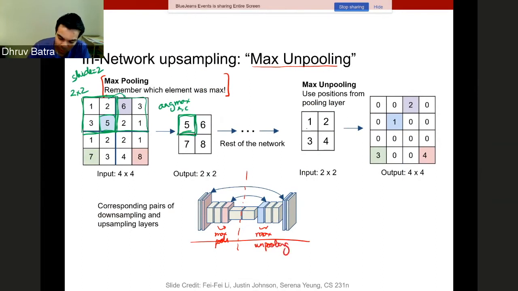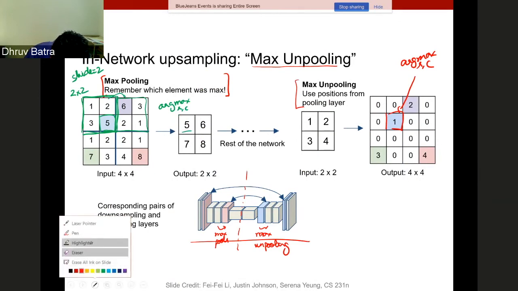In order to perform the max unpooling, we just use this argmax value, the argmax R comma C location. I should use similar colors so that the analog is clear. Let me just erase certain things.